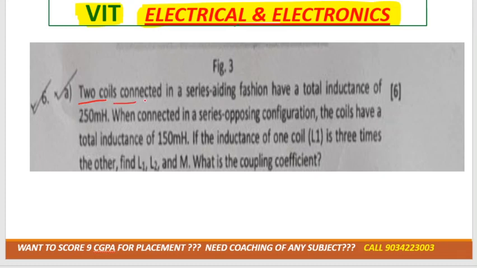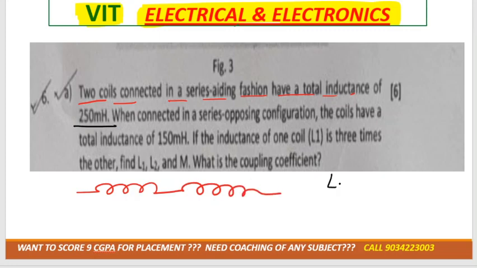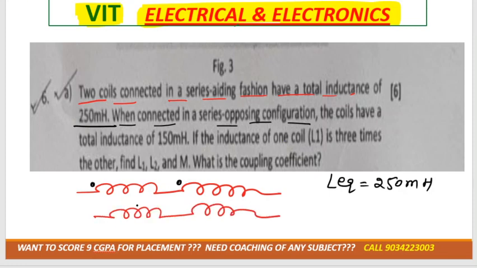In this they said two coils are connected in series aiding fashion, okay, two coils are both connected in series, total inductance they said 250 millihenry, means L equivalent is 250 millihenry. Then after that, when connected in series opposing connection, aiding meaning the earlier one, now they said they are connected in series opposing connection, meaning one on entry and one on exit, then in that case L equivalent value is 150 millihenry, right?